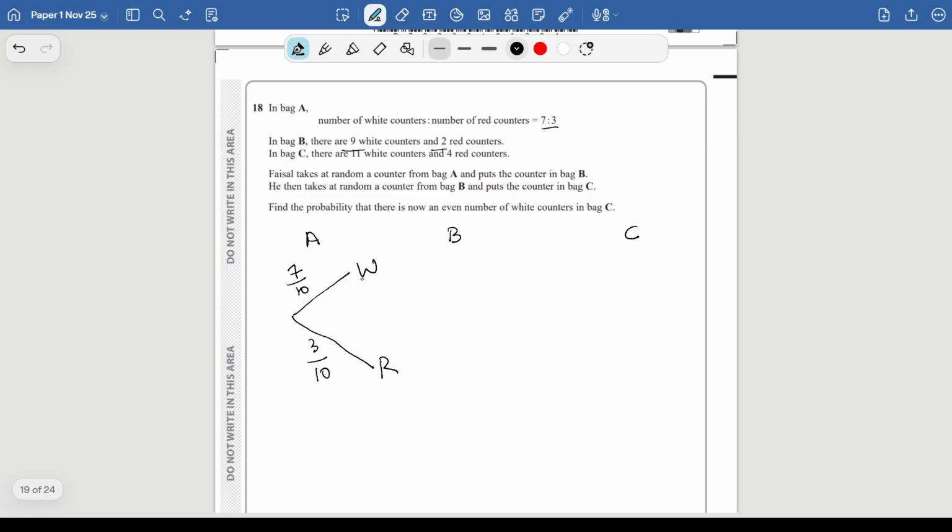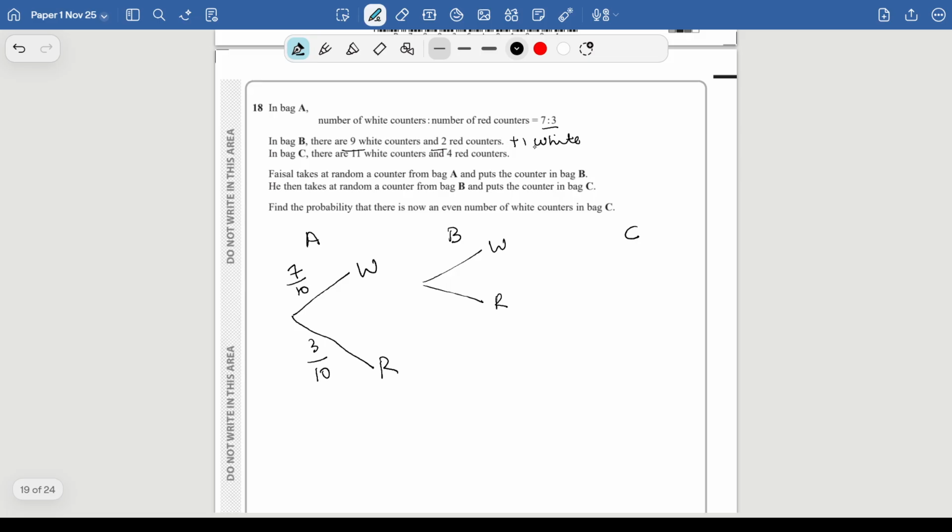Now, assuming that Faisal has taken one white counter from bag A and is putting it in bag B, what probabilities will he have now? He will have white and red counters in bag B as well. There are 9 white counters and 2 red counters in bag B, but he's including one white in bag B. Now, what is the probability of drawing a white counter from bag B?